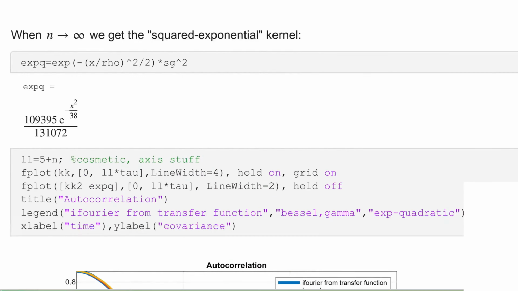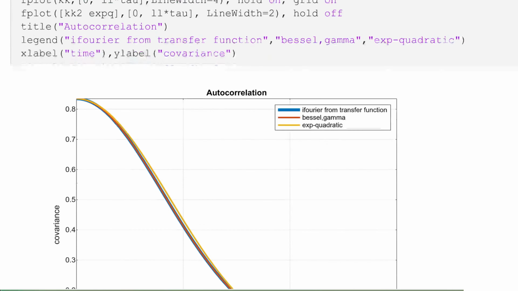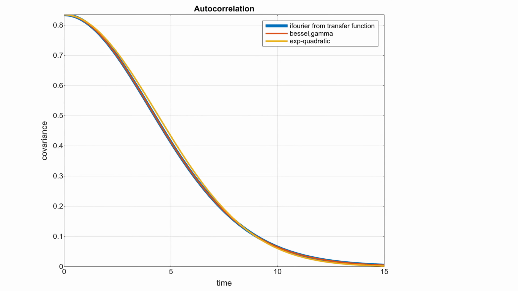And if we see it in time domain, in inverse Fourier of the power spectral density, then here we have in yellow the squared exponential kernel, which has nothing to do with normal distribution, remember, it's just the inverse Fourier of a given bell diagram. And we have the finite order covariances from my inverse Fourier in blue and from Wikipedia's Bessel formula in red. And of course they are coincident and almost coincident with the limit infinite order squared exponential.